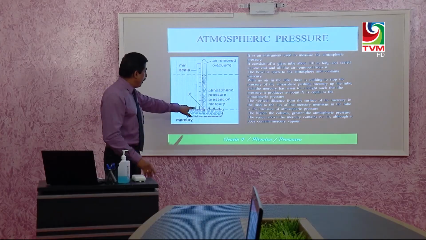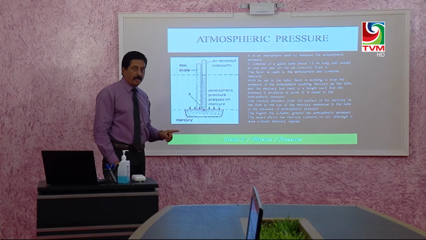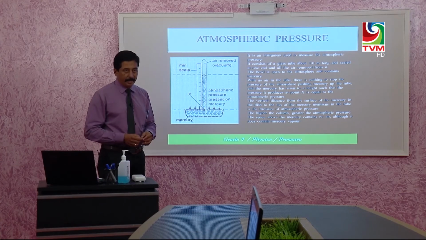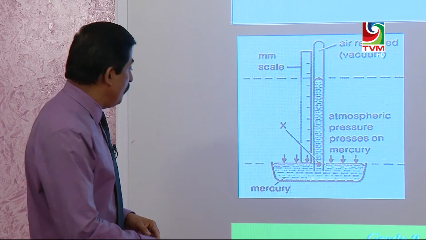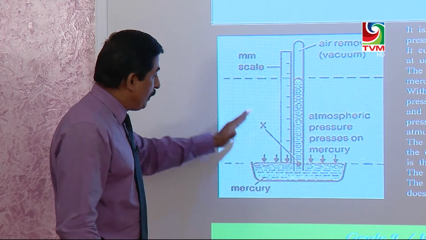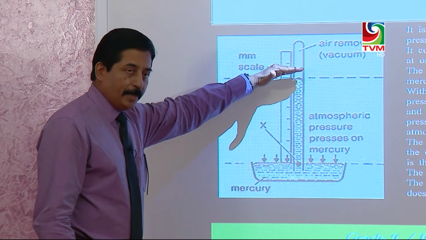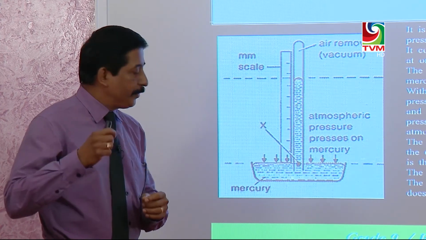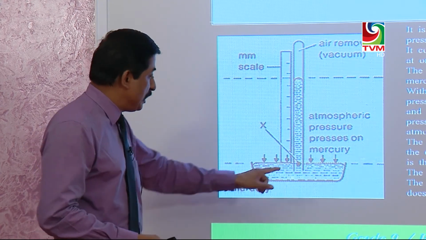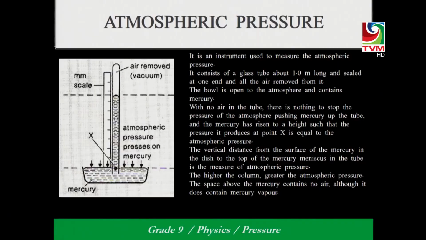This point x is a very important point which is called the balancing point. What do you mean by balancing point? It is the point at which the atmospheric pressure is equal to the pressure due to the liquid column. The atmospheric pressure and the pressure due to the liquid column are balanced at this point. So, if the atmospheric pressure increases, this height will increase and again it will balance.